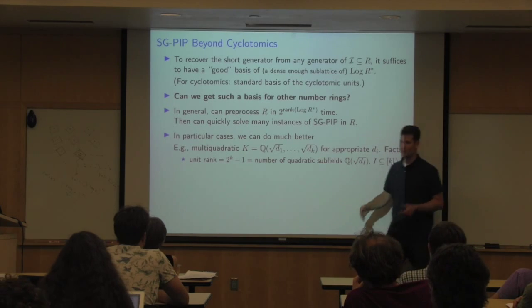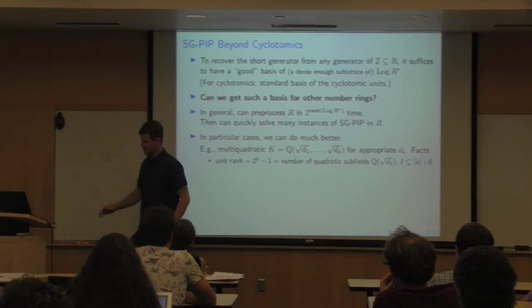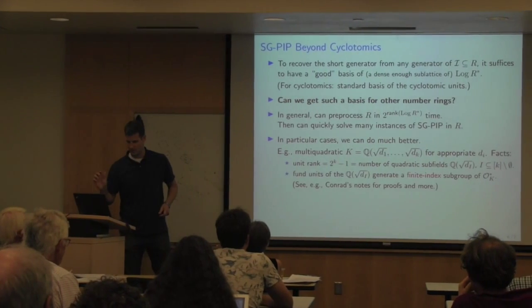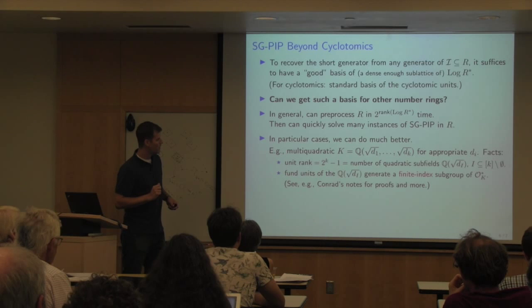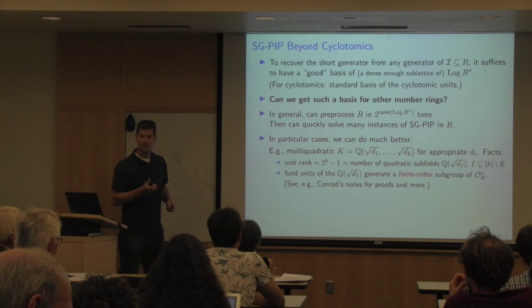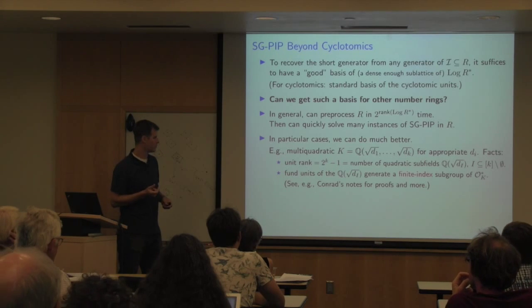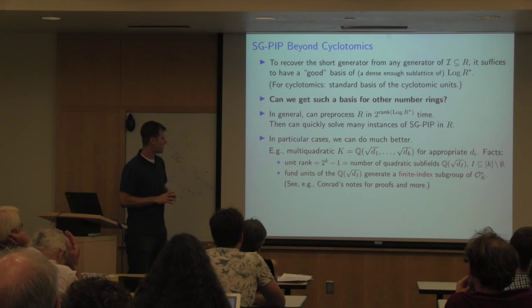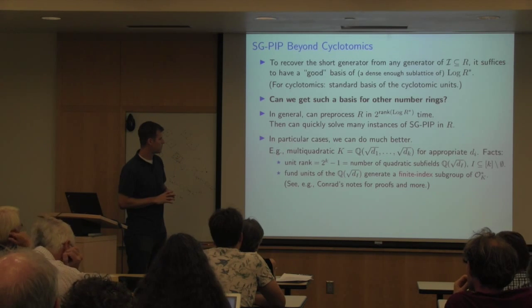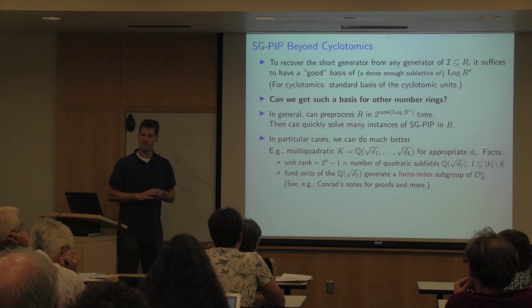What happens if I put all these units together? Well, they may not give you a basis for the unit group of K, but it's known that they give you a finite index subgroup.